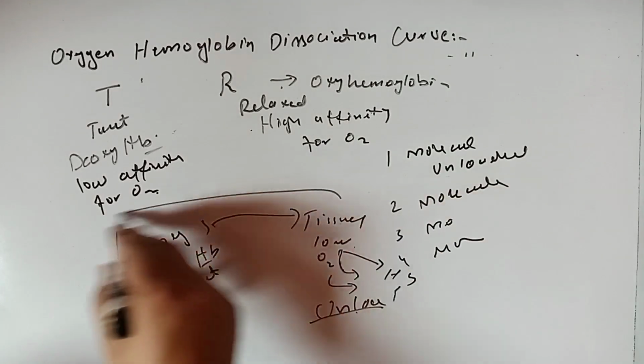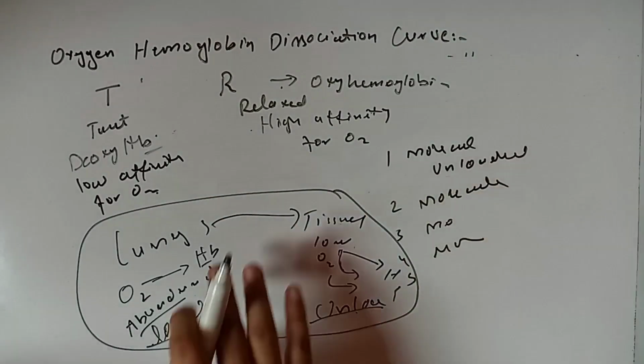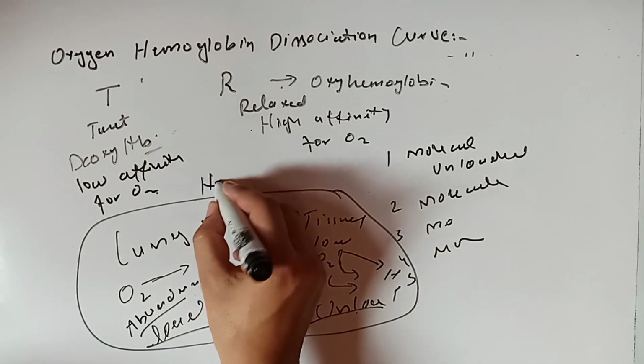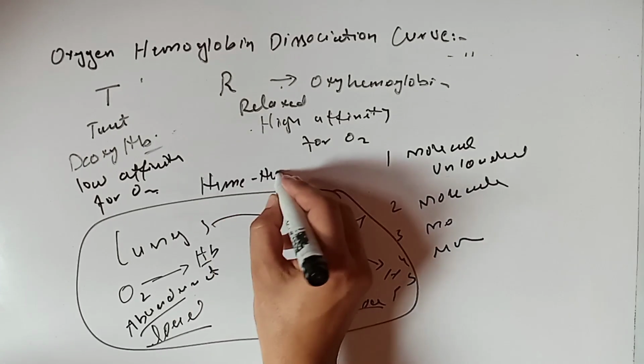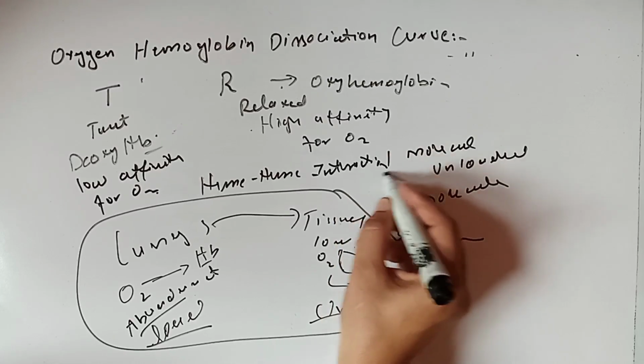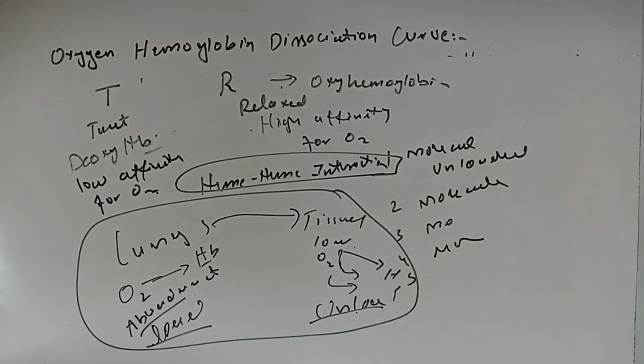This phenomenon of hemoglobin, which facilitates the loading of oxygen in lungs and unloading in tissues, is called heme-heme interactions, and it makes hemoglobin a very good transporter of oxygen from lungs to the tissues. Okay, so this is how hemoglobin transports oxygen.